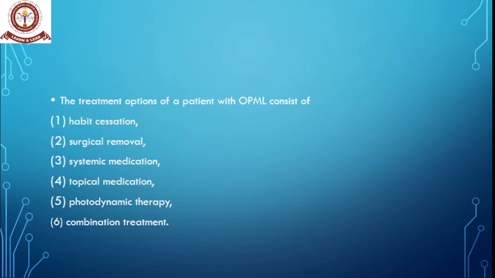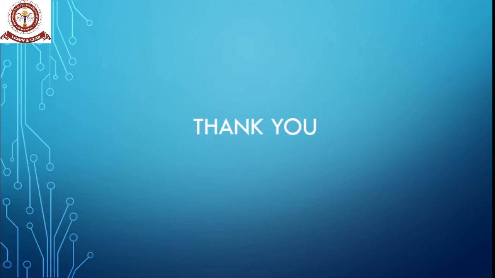To summarize in total, the treatment options for oral potentially malignant disorders are habit cessation, surgical removal, systemic medication, topical medication, photodynamic therapy, and a combination of all. You have a chance of getting this question as a short essay or a short note.